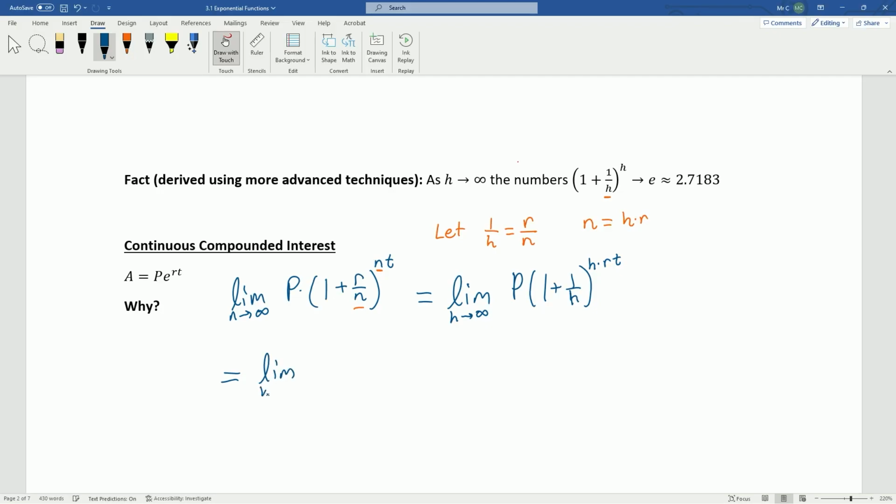The limit as h goes to infinity of P times. Now I'm just going to apply my limit law. Up here I've got the product of h times rt, so I'm going to write this as 1 plus 1 over h to the power of h, all to the rt power. And what did our definition for e say? This 1 plus 1 over h to the h, when h goes to infinity, is approaching e. So that's our PERT formula.